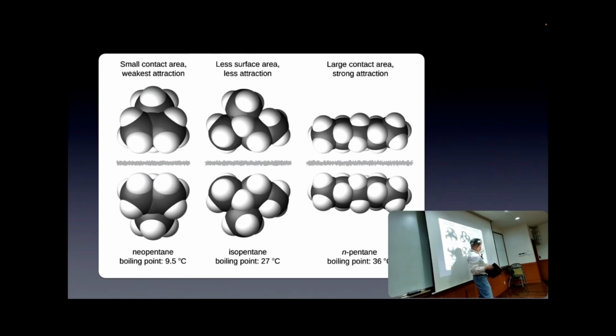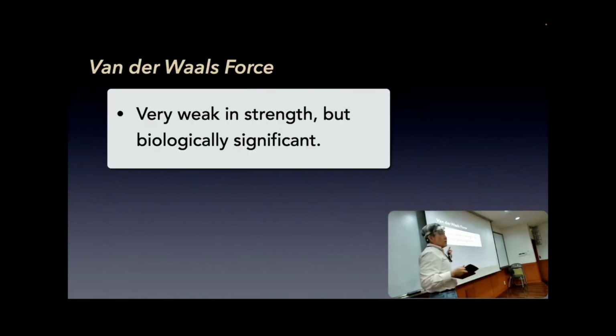The only difference among these three organic compounds is that they have the same number of carbon and hydrogen, but their interacting surface areas are different. So that's a kind of proof that in making up the van der Waals force, this surface area, especially if those two surfaces are complementary, the better.